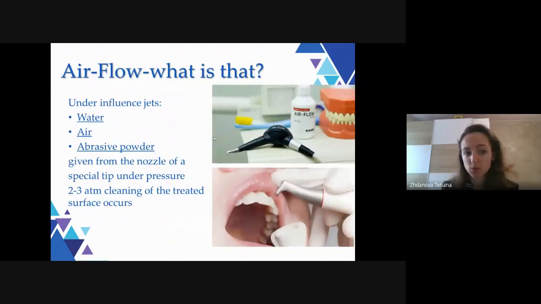Then, what do we need? Water, air, and abrasive powder. And look, please, at the angle of the work part. It's very necessary. We don't use it near the gums. Okay.